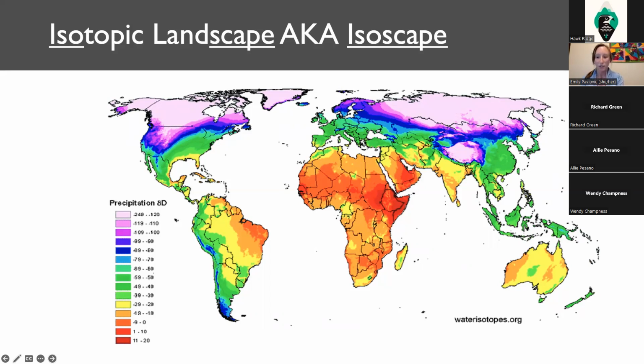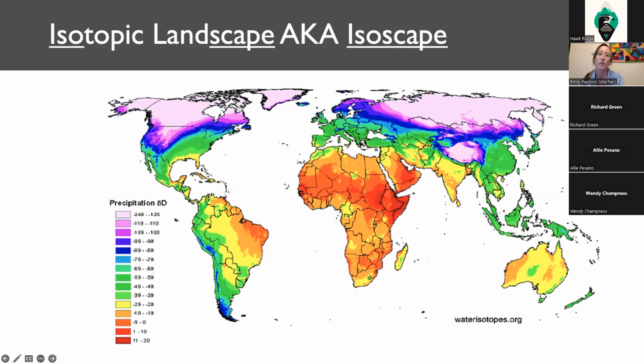And so we can visualize the ratio in a map that we call an isotopic landscape, or an isoscape for short. So this is an example of an isoscape for precipitation across the world. And each of these colors represents a different ratio of light to heavy isotopes.